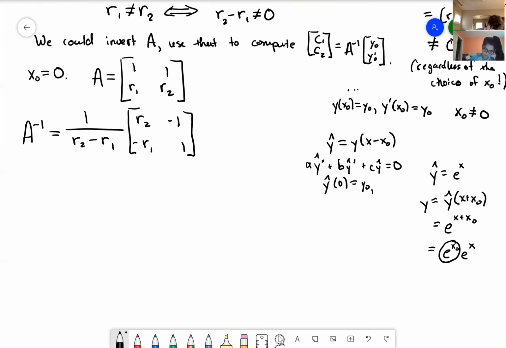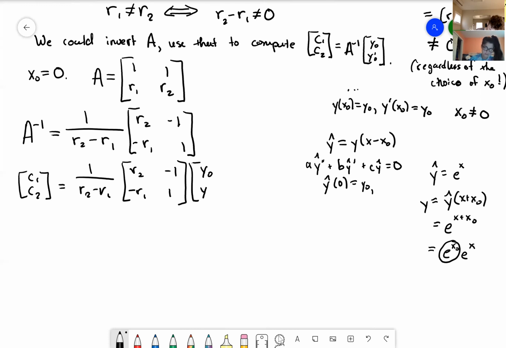And so we get that C1, C2 is equal to 1 over R2 minus R1 times the matrix R2, minus 1, minus R1, 1 times y0, y prime 0.